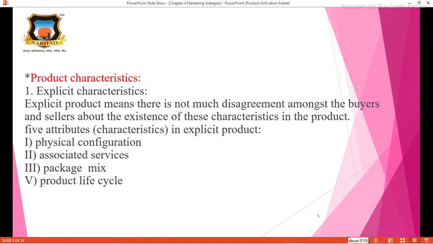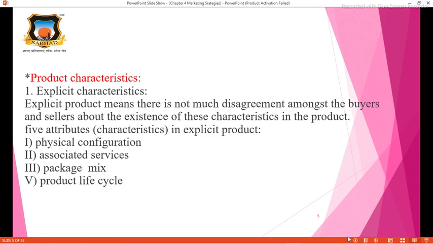Let us see the second characteristic, that is associated service. Products are sold with the common understanding that the seller will render associated services in the case of each product. These are before and after sales services. Before sales service is a demonstration.